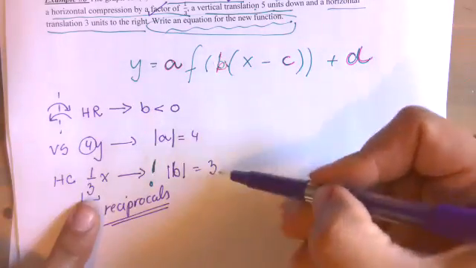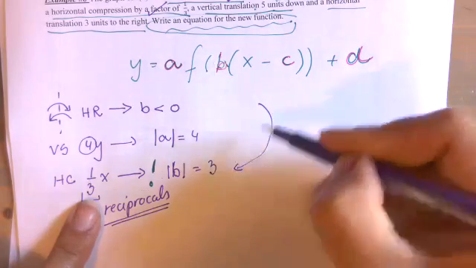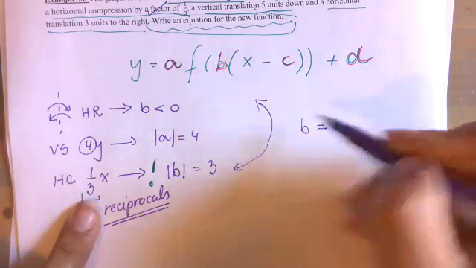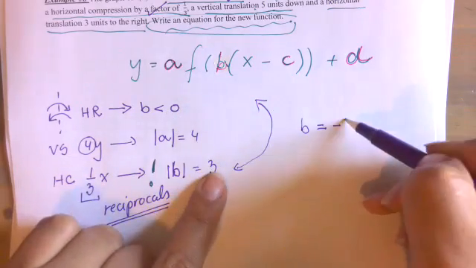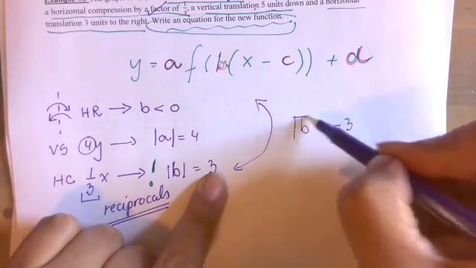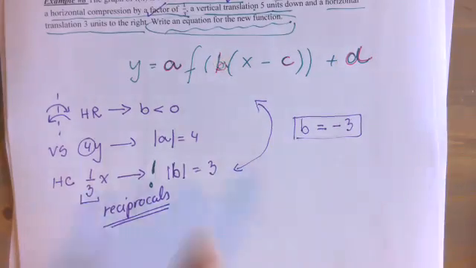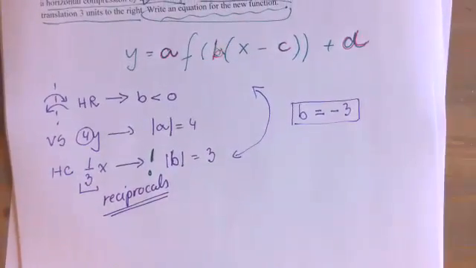We have both pieces of information for B, so putting these 2 together, B equals negative 3. So we know B. A, we might know too, unless we find a reflection in the vertical direction as well.